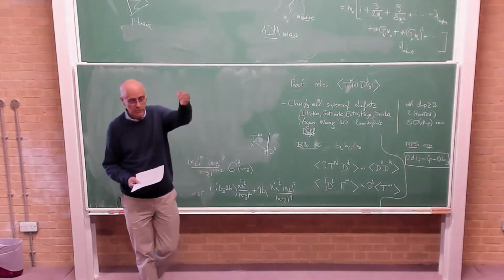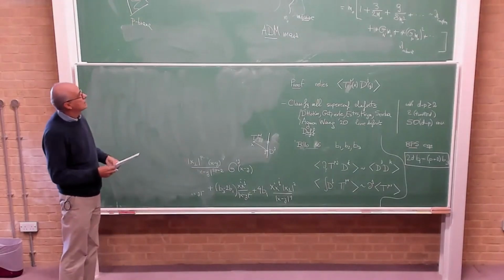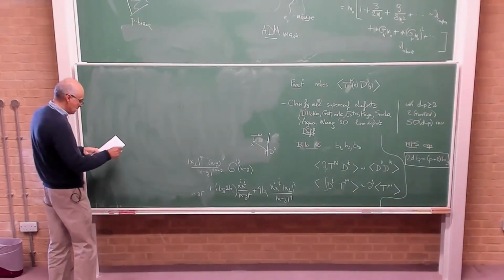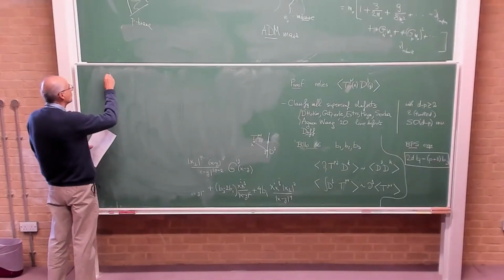The defect now is extended. You integrate the dilatation current around the sphere, and then you find a formula.